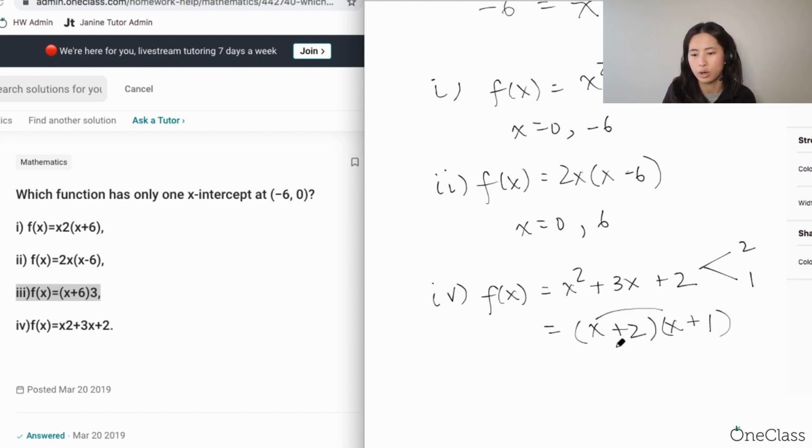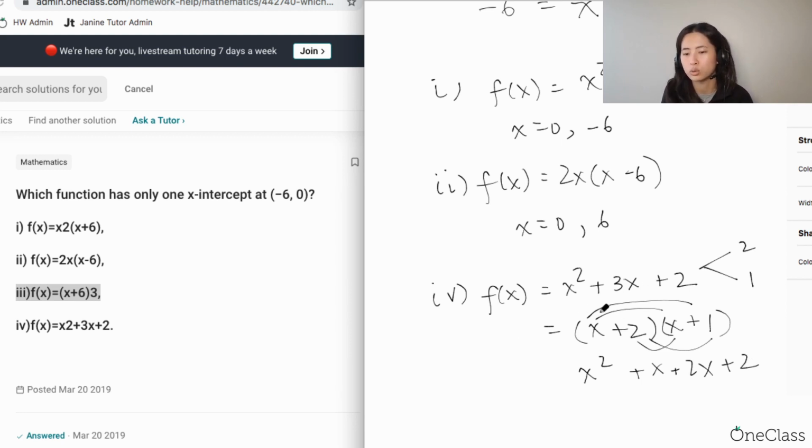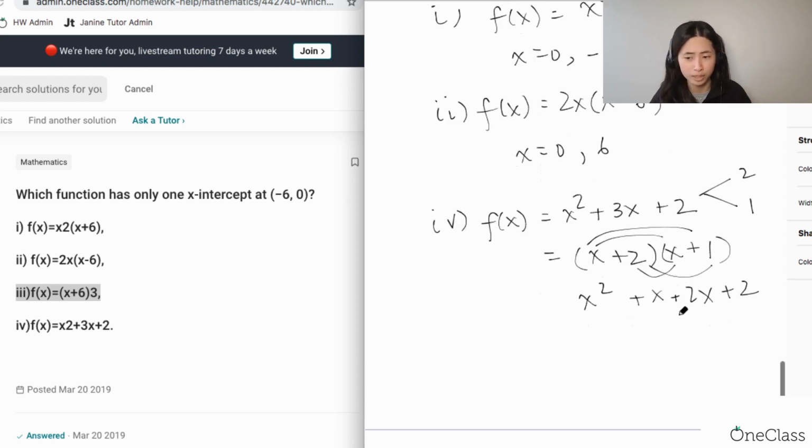Just to double check, all you do is expand. Apply the FOIL method: you have x squared, then plus x, then plus 2x, and then plus 2, not plus 3.